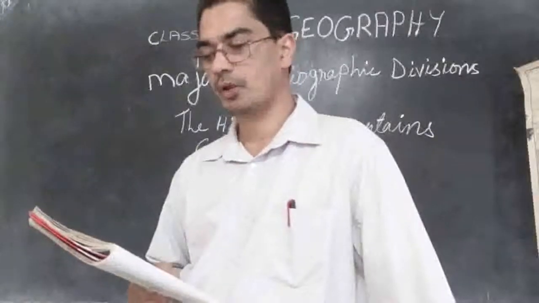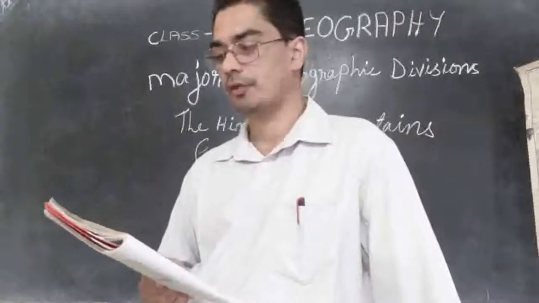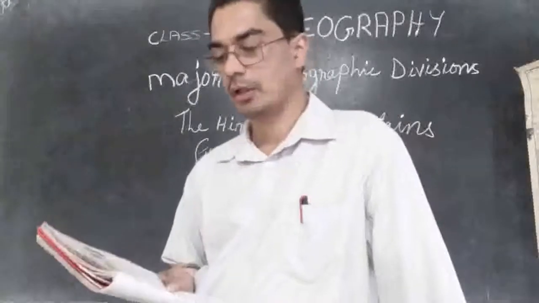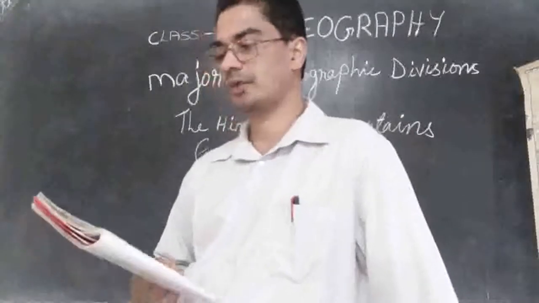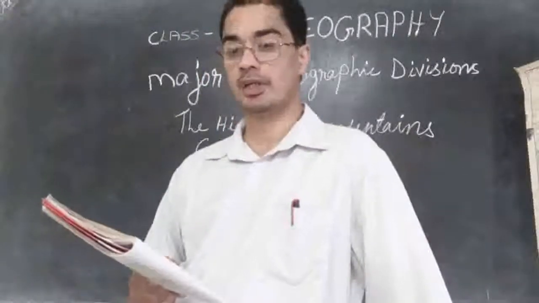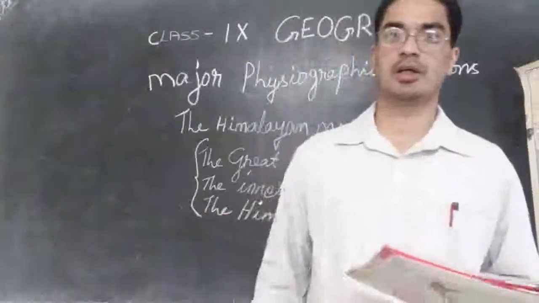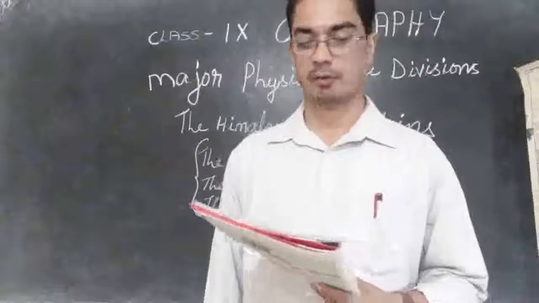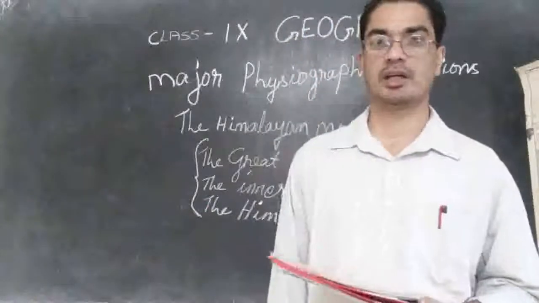Then Namcha Barwa, that is 7,756. Then Gurla Mandhata, that is 7,728. So these are the tallest mountains in the Himalayas, and most of them are in Nepal and the rest of them are in India.